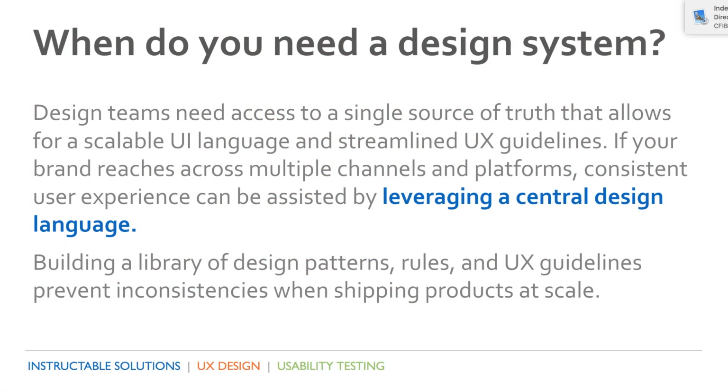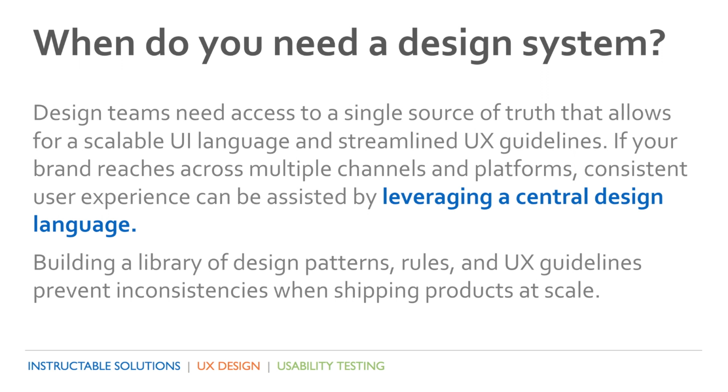So when do you need a design system? Design teams need access to a single source of the truth that allows for a scalable UI language and streamlined UX guidelines. If your brand reaches across multiple channels and platforms, consistent UX can be assisted by leveraging a central design language.